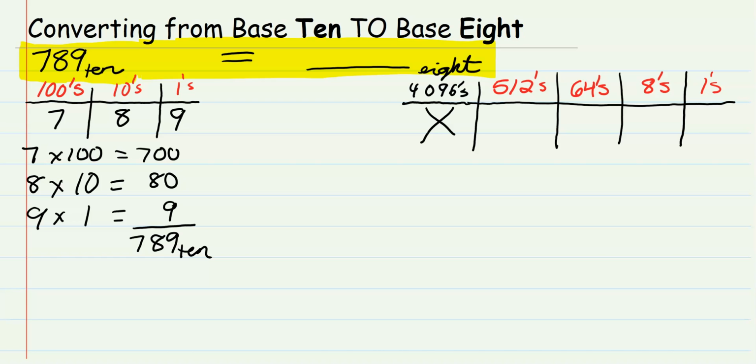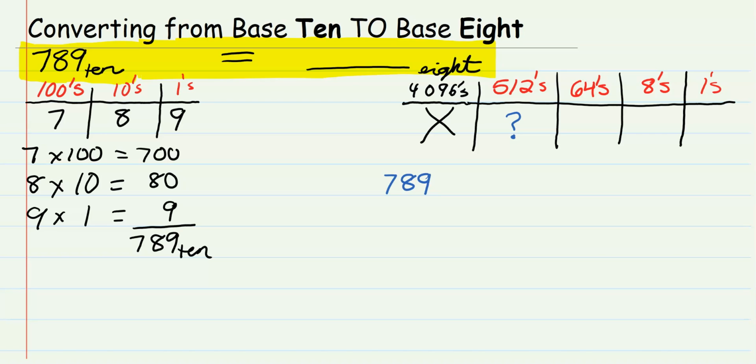Now how do we go about finding out what that is? We would say, 789. How many 512 do I have? How many 512 in 789? Well, there is only one, right?